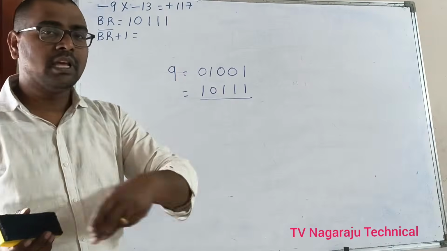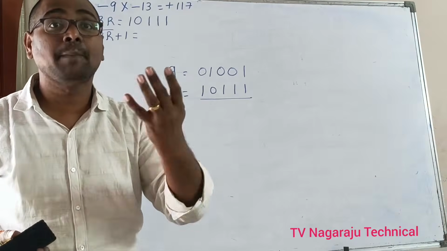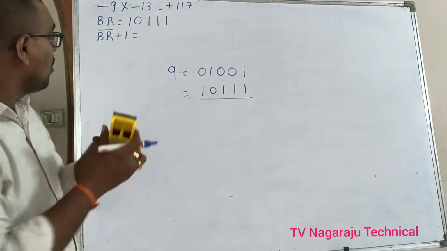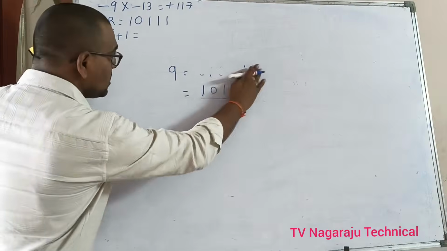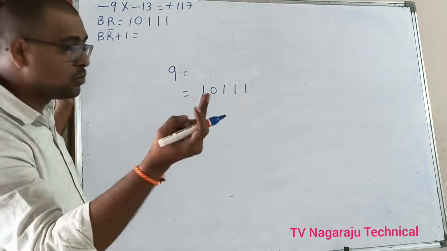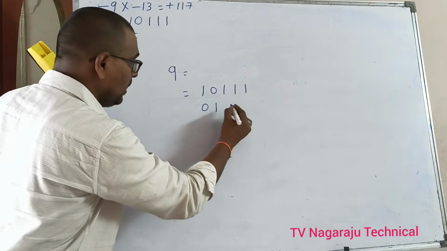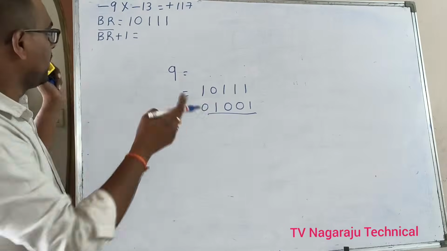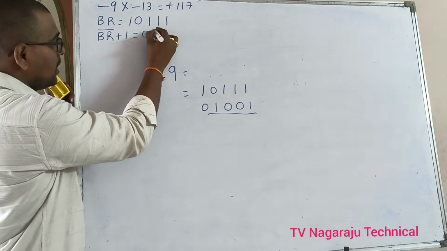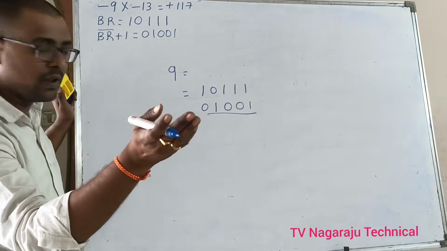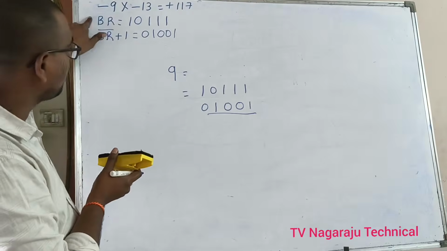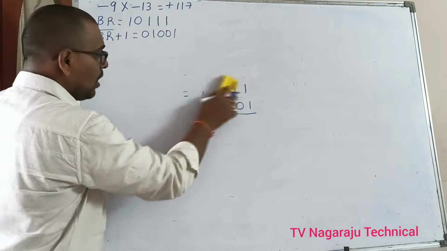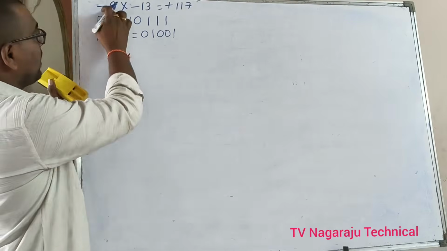We already know there are some cases where we perform subtraction, and subtraction means taking the 2's complement of the number and then adding it. What is BR plus 1? BR plus 1 is 0, 1, 0, 0, 1. If you understand carefully, BR plus 1 means the 2's complement, and what you get is number 9 only. Clear?